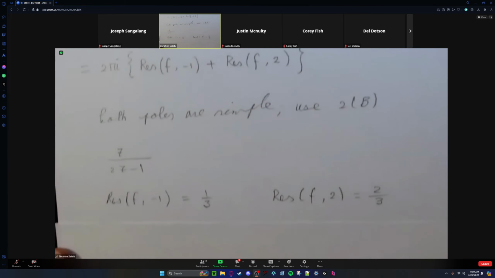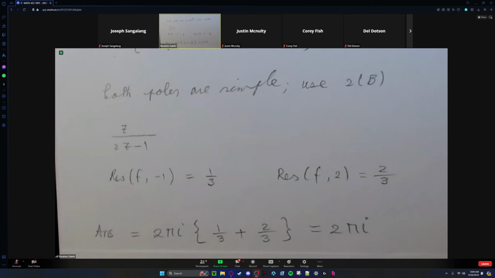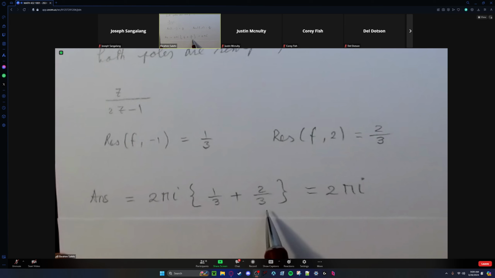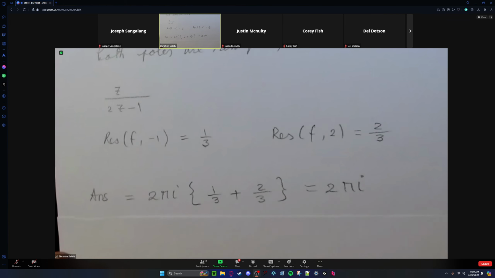So here are singularities, 1/3 and 2/3. You will get 2 pi i, okay? That's it. Those are the solutions of the test problem.